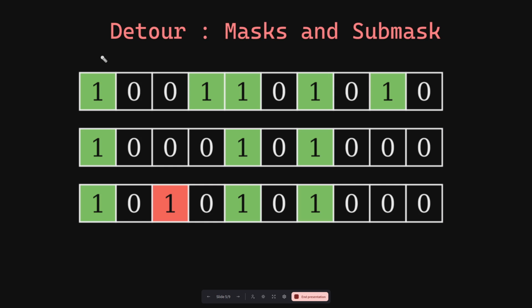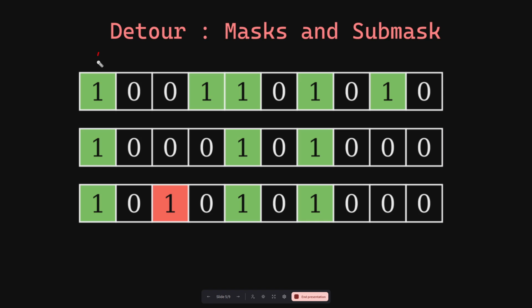Suppose you have 10 different elements labeled A, B, C, D, and so on. And then you try to create a subset from these elements. And you say that if you pick that element in your subset, you color it green. Otherwise, you mark it as 0, indicating that you left the element from your subset.